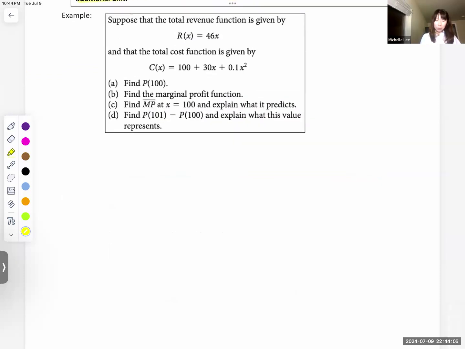We have a total revenue. So we're using the first letter R, R of X. It's a revenue function, right? 46X. Now, the cost function, we're using the first letter C, cost function. Okay, find the P. P means profit, right? Now, how did we find the profit function before?